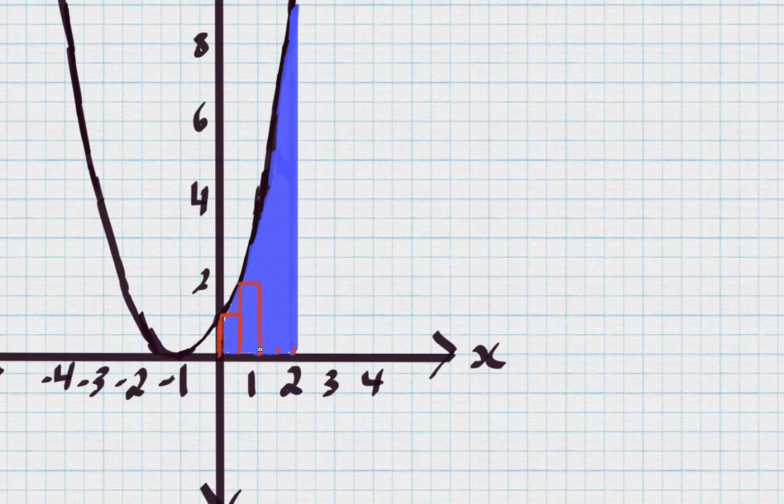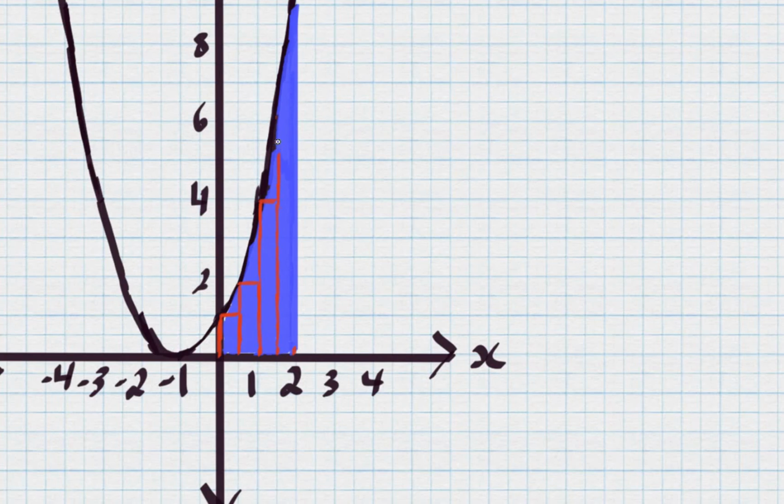Drop that down. Now we're here at 1, right in the middle, so x equals 1. Okay. Now we know that this goes up and touches the curve at y equals 4. Go across a half. And then our final rectangle at x equals 1.5.